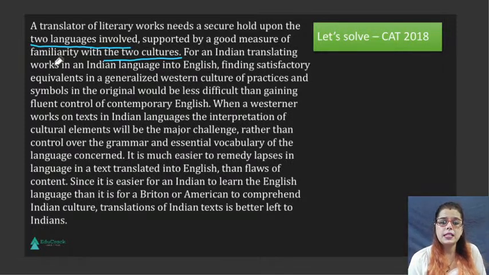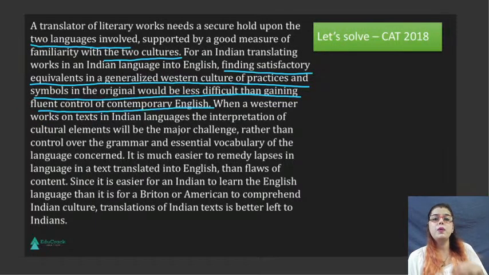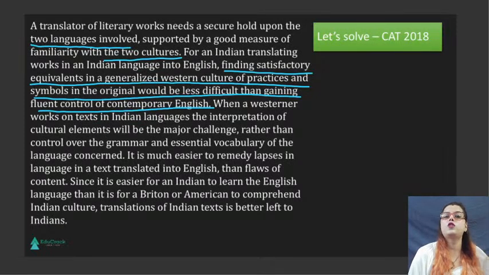For an Indian translating works in an Indian language into English, finding satisfactory equivalence in a generalized Western culture of practices and symbols in the original world would be less difficult than gaining fluent control of contemporary English, right? What would be less difficult for him? Finding satisfactory equivalence in a generalized Western culture.